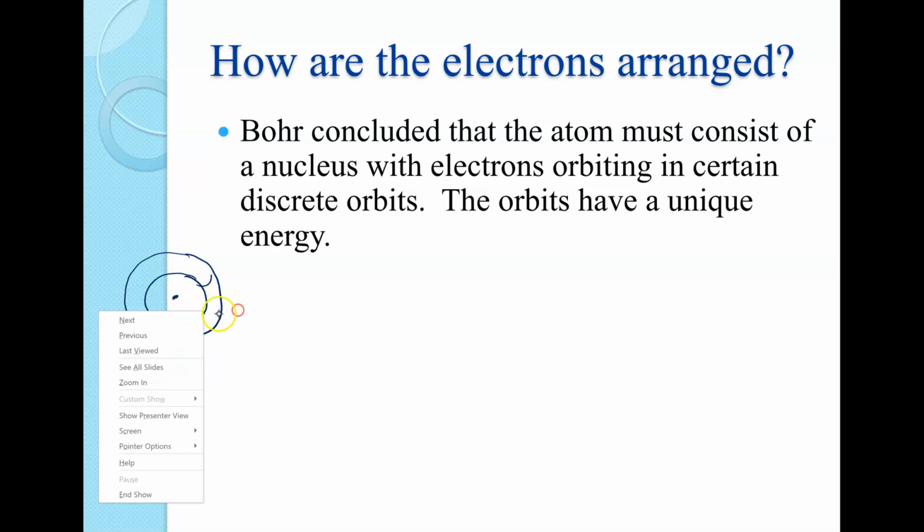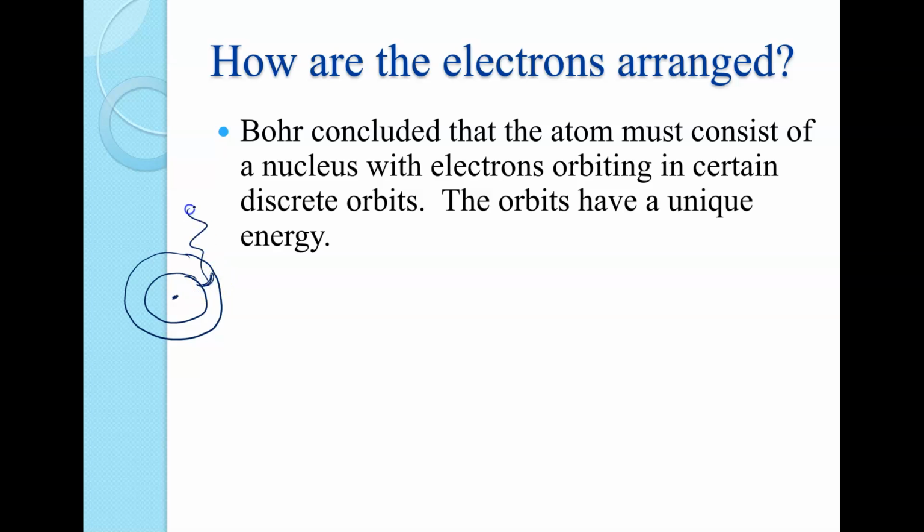This energy level and this energy level have 2 different energies. The farther away from the nucleus they are, the higher the energy is. And when it makes this transition, it gives off light with a certain wavelength and therefore a certain energy. So those transitions are only allowed to have certain values, and the electron cannot collapse into the nucleus.